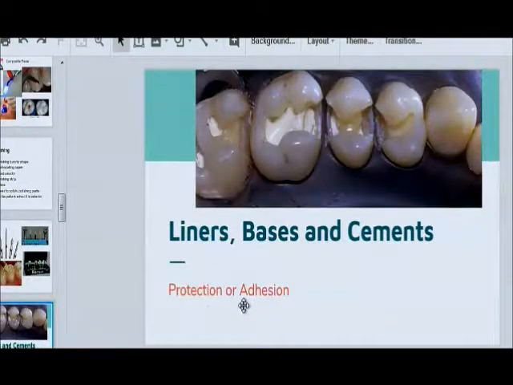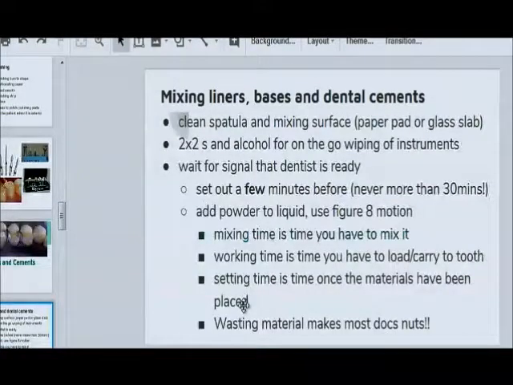Okay, so the last part of this has to do with liners and bases and cements. And these are the materials that we use to protect the nerve of the tooth or to stick something to a tooth. And so when we mix these materials, we need a clean spatula, a mixing surface, some 2x2s, some alcohol, and then we're going to mix together, usually powder and liquid if we have to mix it.